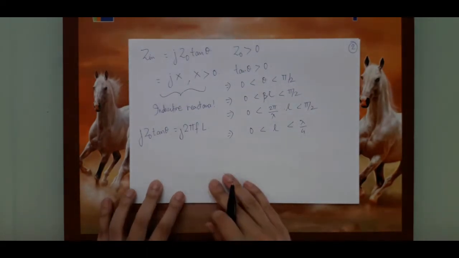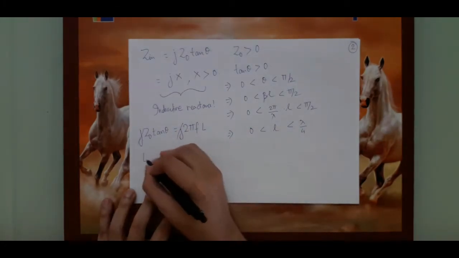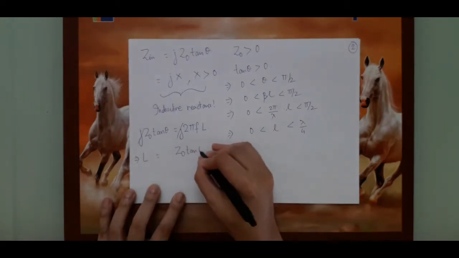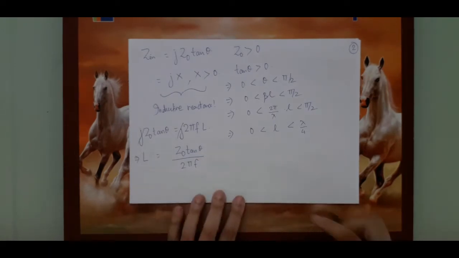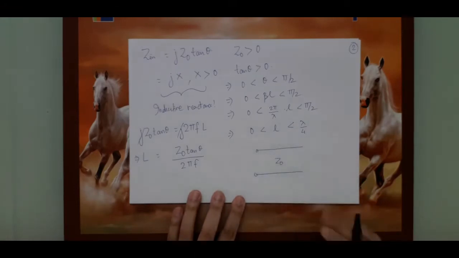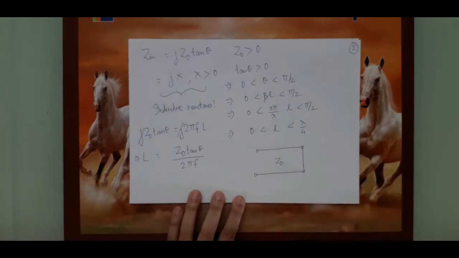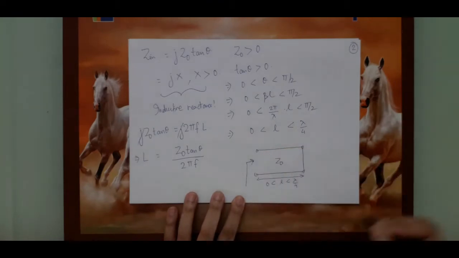So if I simply cancel out the J and I solve for L, that means L will be equal to nothing but Z0 tan theta divided by 2 pi F. That means if I have a lossless transmission line of impedance Z0 and it is terminated by a short circuit and its length is between 0 and lambda by 4, then this impedance will exhibit an inductor.